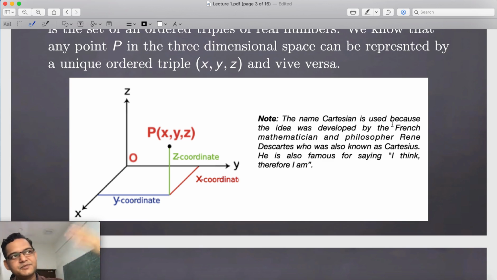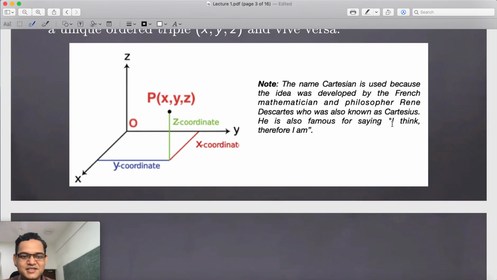For example, if you are sitting in your hostel and you want to describe how to reach the Cafe Coffee Day in the campus, you know how much you need to move in the forward direction, and then whether you need to take a right turn or left turn. This is what we are doing over here. Of course, you won't see the vertical direction because we are going to be on the plane, which you can think of as x comma y coordinates.